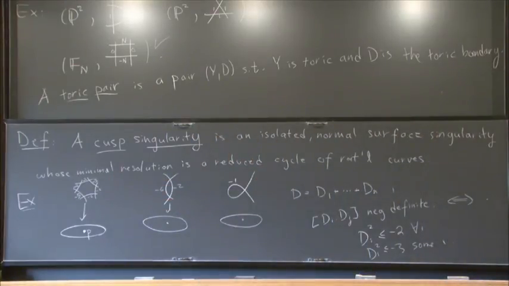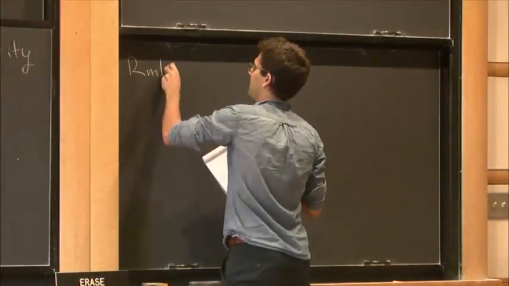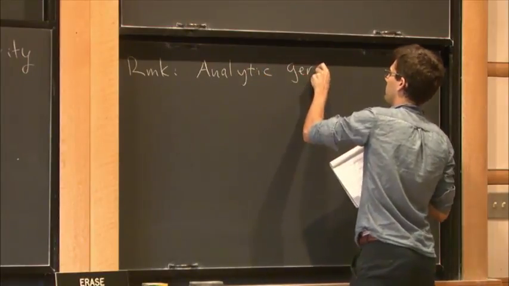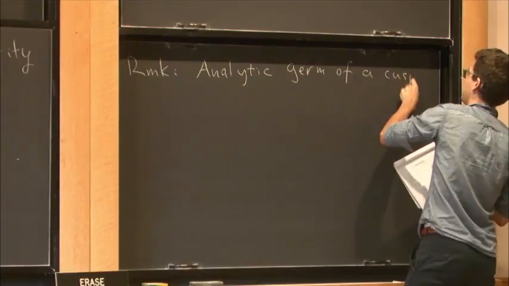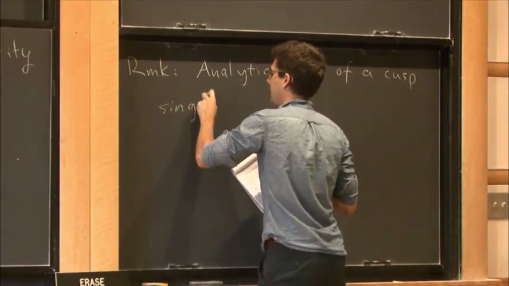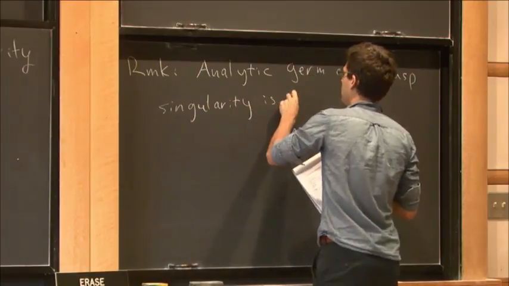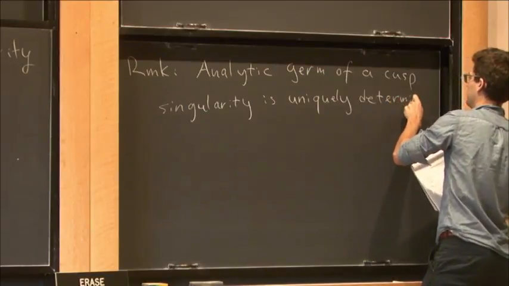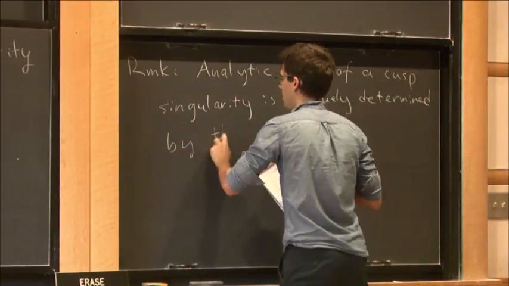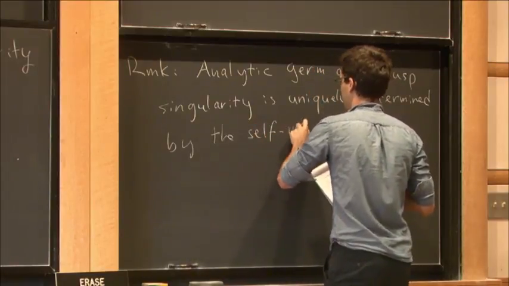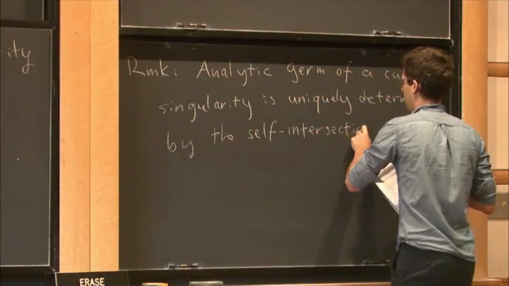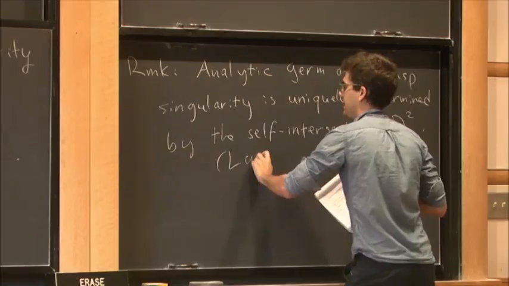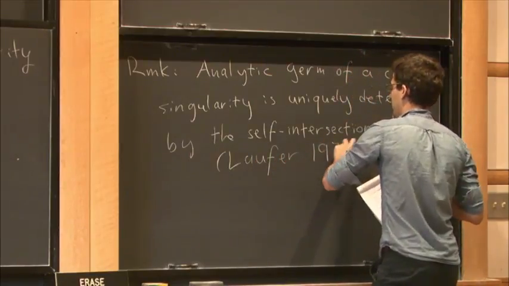All right, so a remark is that the analytic germ of a cusp singularity is uniquely determined by the self-intersections Di squared. And that was proven by Laufer in 1974.